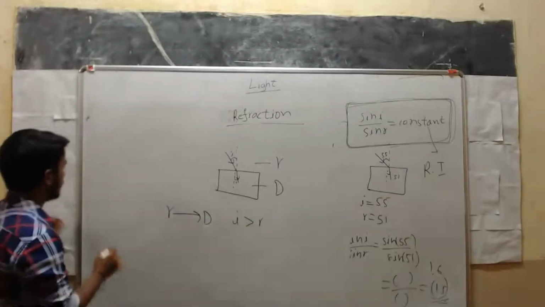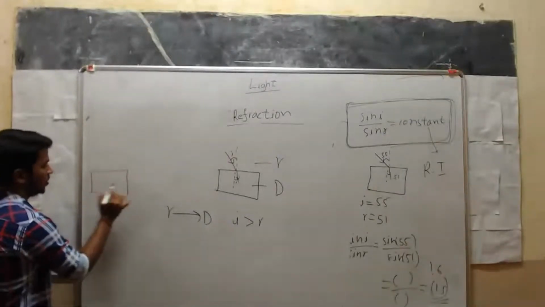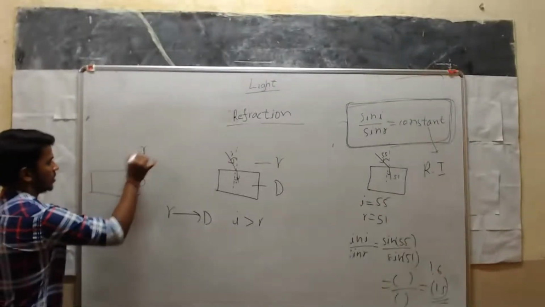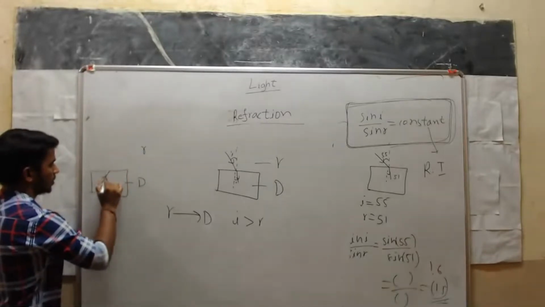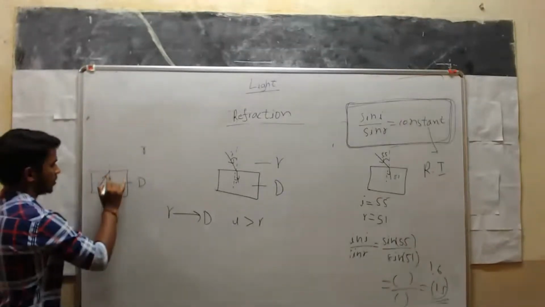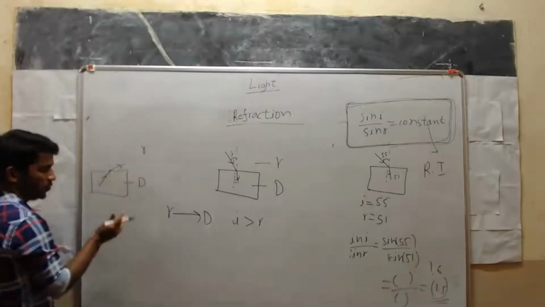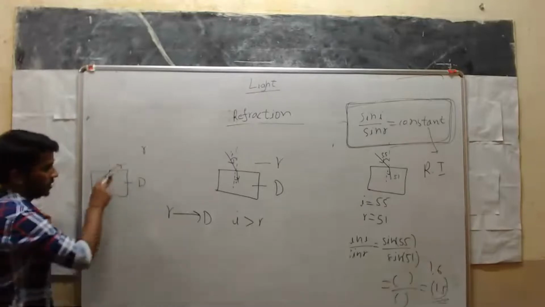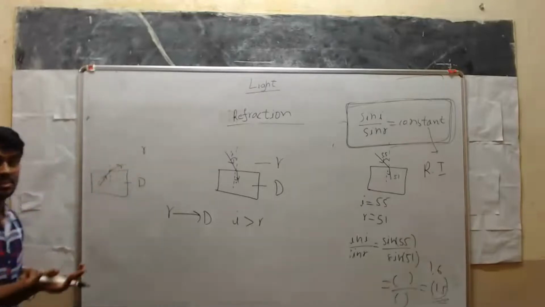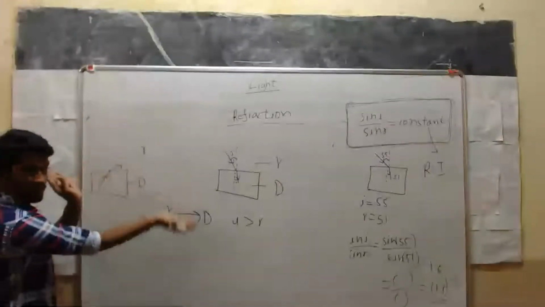Suppose you pass a ray of light from denser to rarer. In this case the speed of light increases, so that's why it bends away from the normal.